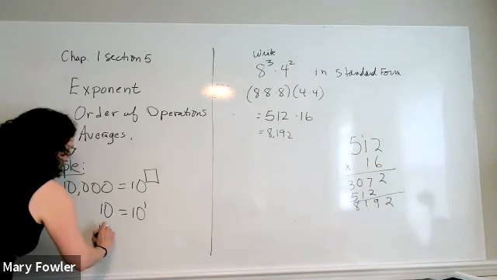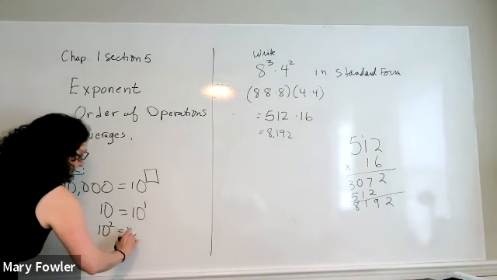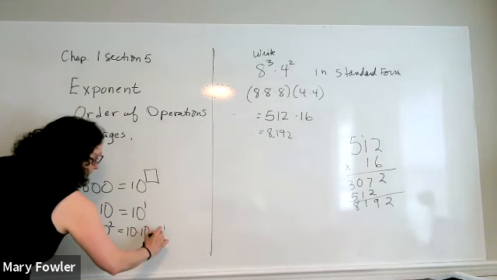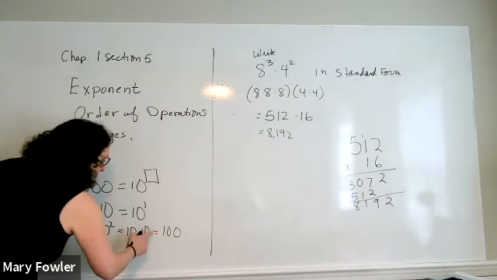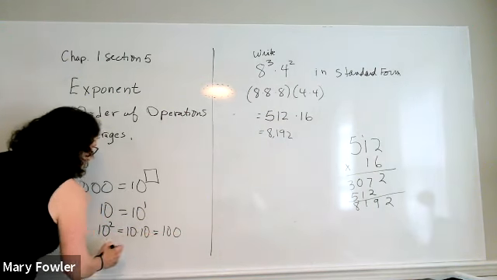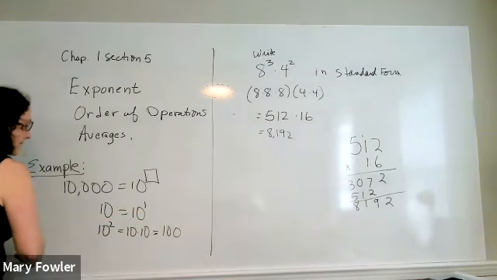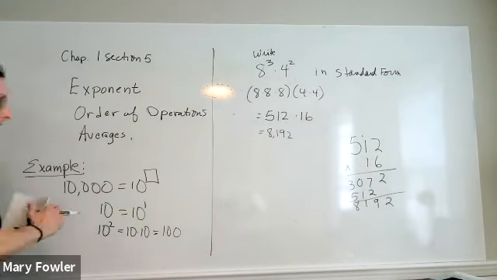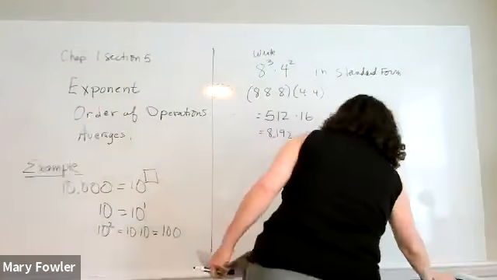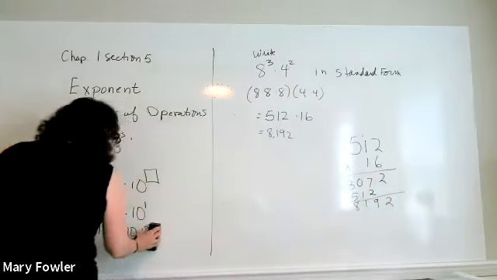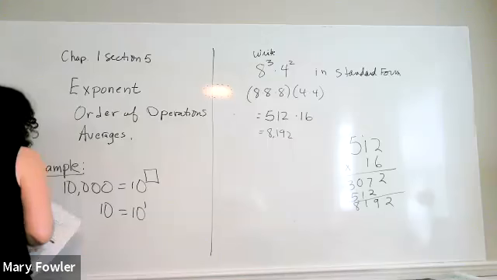And it's pretty easy for us to remember that 10 times 10 is 100. And we see here then power of 1 means a 1 with 1 zero.